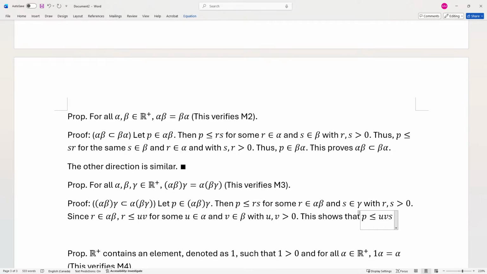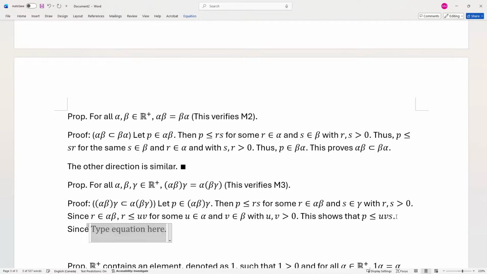Okay, and so, well, that means this is u times s. Well, u times s comes from beta times gamma. Since v times s comes from beta times gamma, we're done.